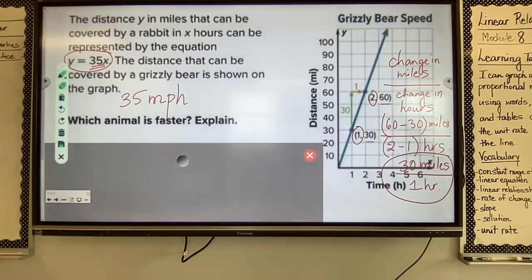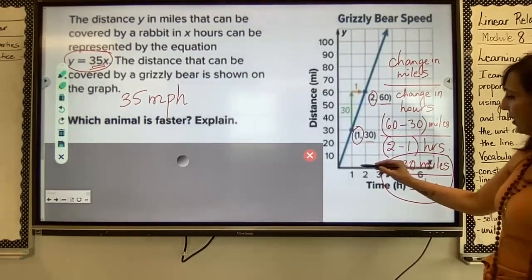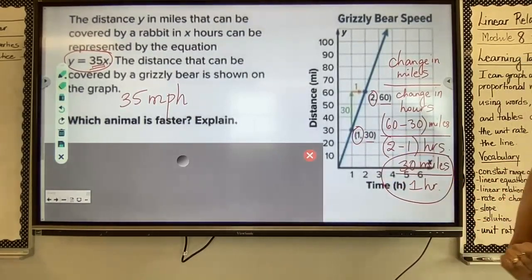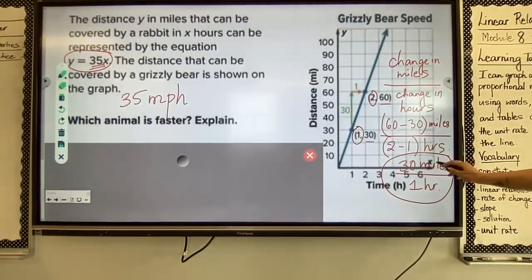You can also use the point 1, r on the graph. The y coordinate is 30 when x is 1. And the point 1 and 30 represents the unit rate, which is 30 miles per hour. So using any of these methods, the grizzly bear travels 30 miles per hour.